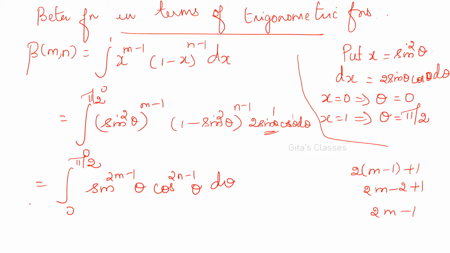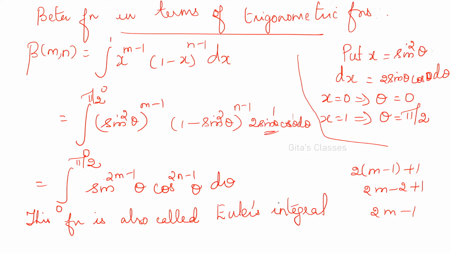This is the beta function in trigonometric form. Another name for this is Euler's integral of first kind.